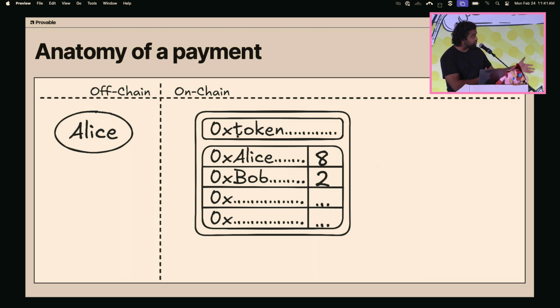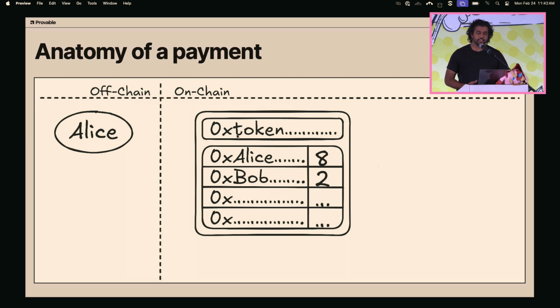Here, we have off-chain a user Alice, and on-chain a ledger, which for a token program contains some state. Here, Alice has 8 credits, 8 tokens, and Bob has 2. And what Alice is going to want to do is send Bob 3 credits over via the network.